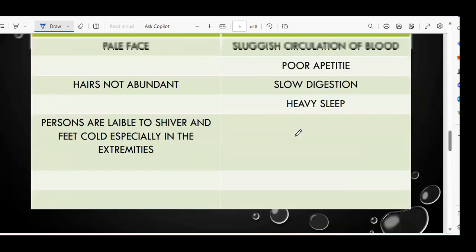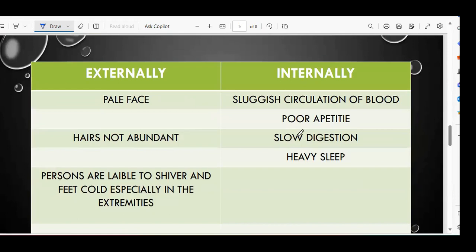Okay. Next, what can we observe in the person who belongs to the lymphatic temperament? His color is pale, a pale face, because lymph circulation is activated, so blood circulation is not that much activated.